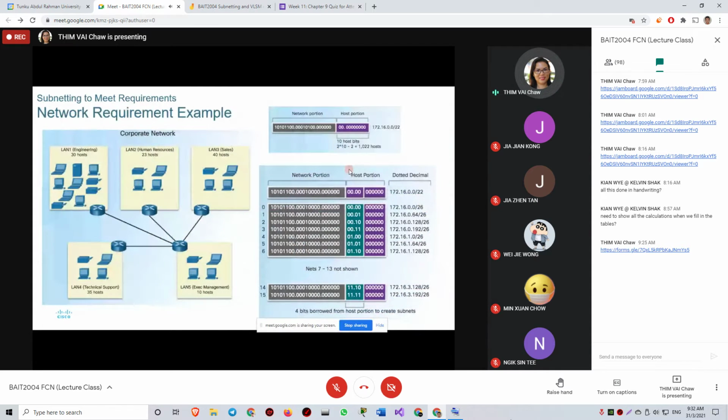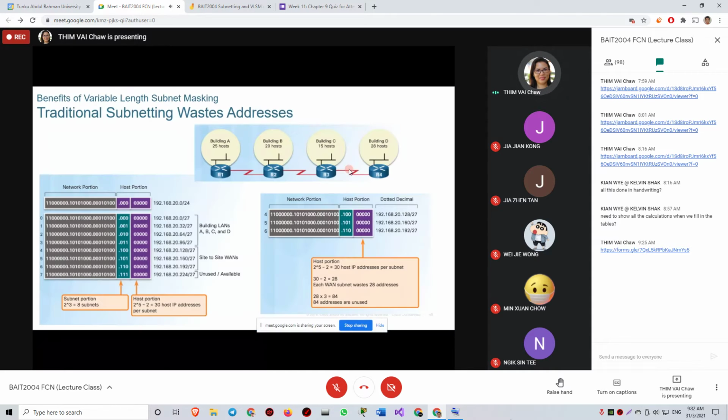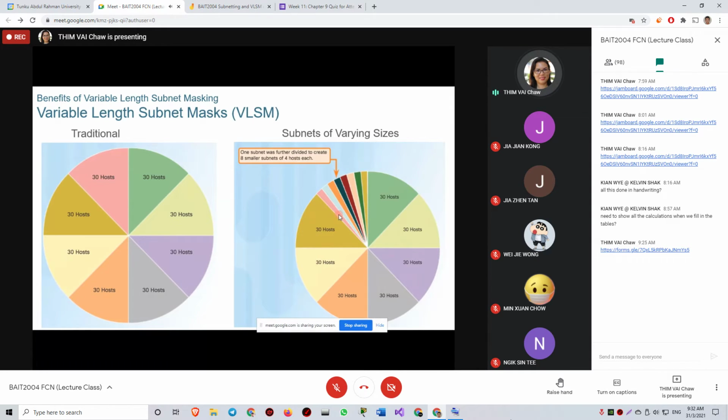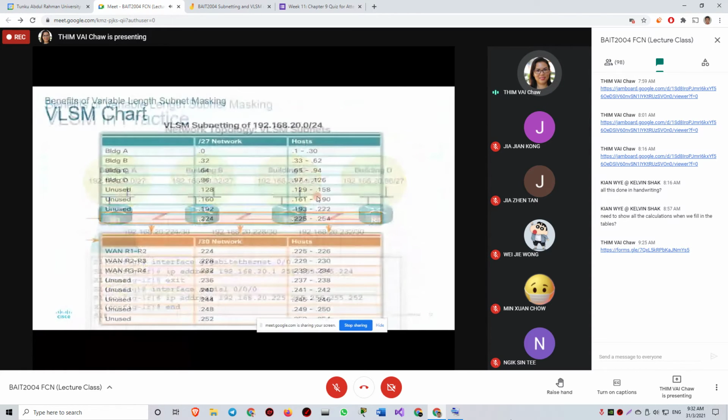This chapter is all calculations, numbering. And the VLSM, just now we already saw the numbering, how you calculate how many bits you are going to keep and so on. By having VLSM, you can create smaller portions of the address for the subnets and so on. Nothing special from this part.